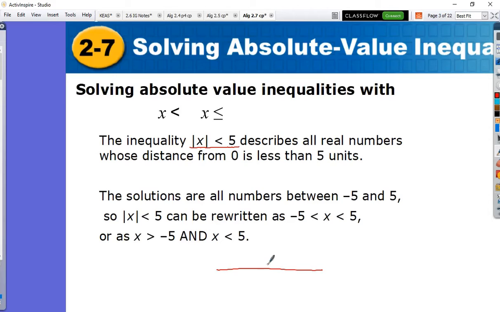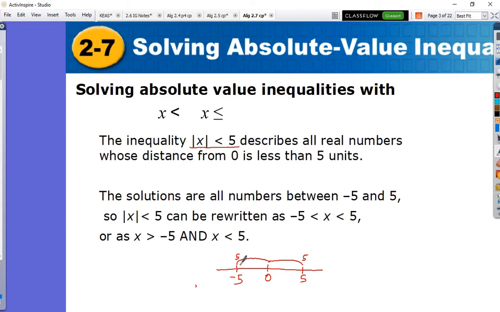So here's our number line. We'll put down 0. We'll put down 5, and then -5. Now remember, absolute value is the distance a number is away from 0. So at 5, we would have an absolute value of 5, and at -5, we would have an absolute value of 5. But what we're looking for is an absolute value of less than 5.